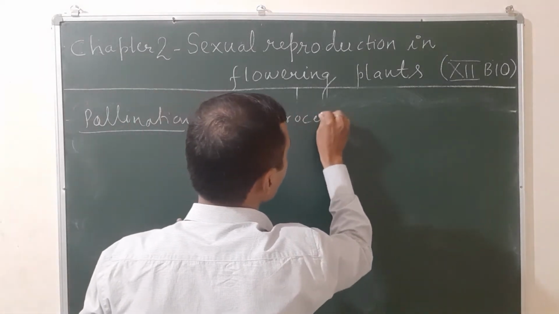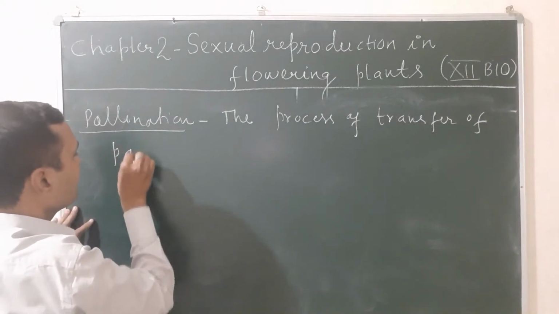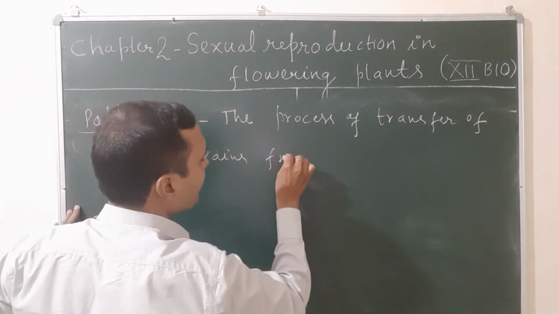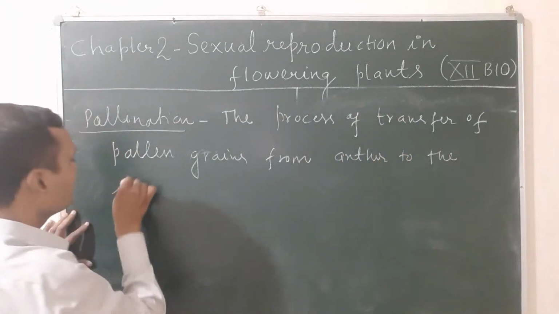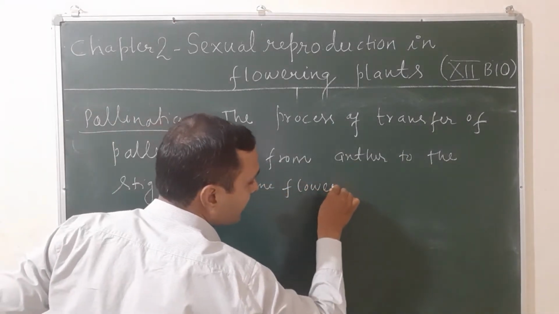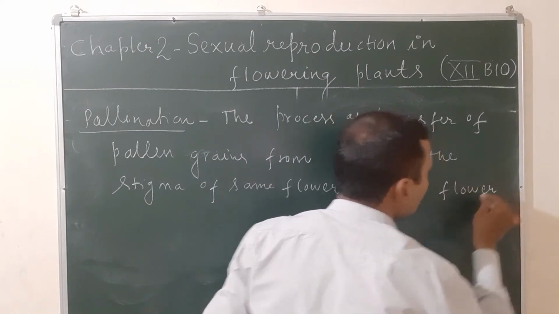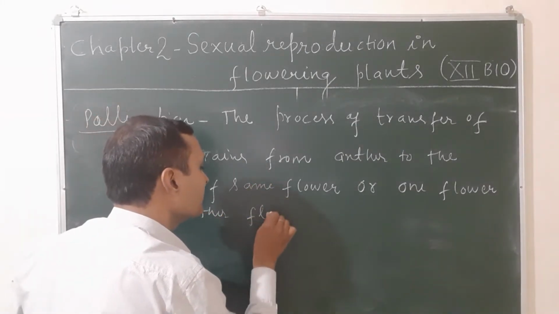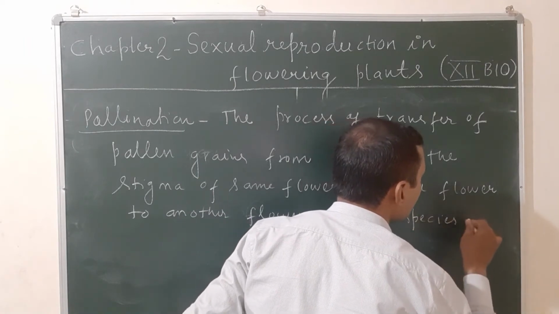The process of transfer of pollen grains, that is male gametophytes, from anther to the stigma of the same flower, or from one flower to another flower of the same species, is called pollination.